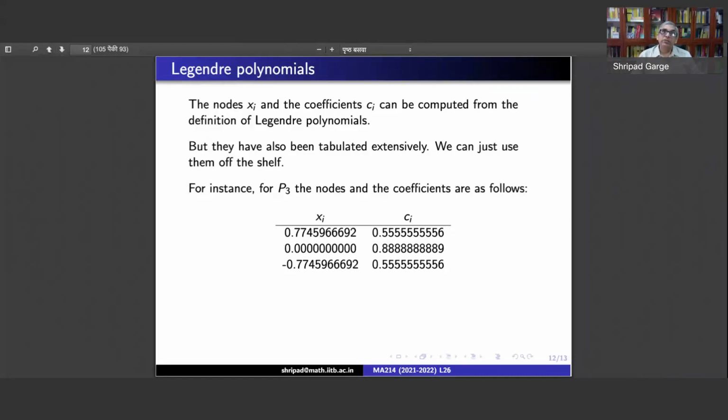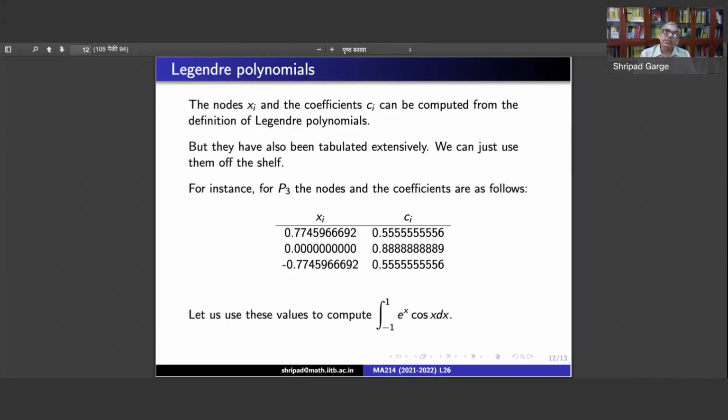These are going to give you the correct answer for polynomials of degree up to 5, which is 3 into 2 minus 1.